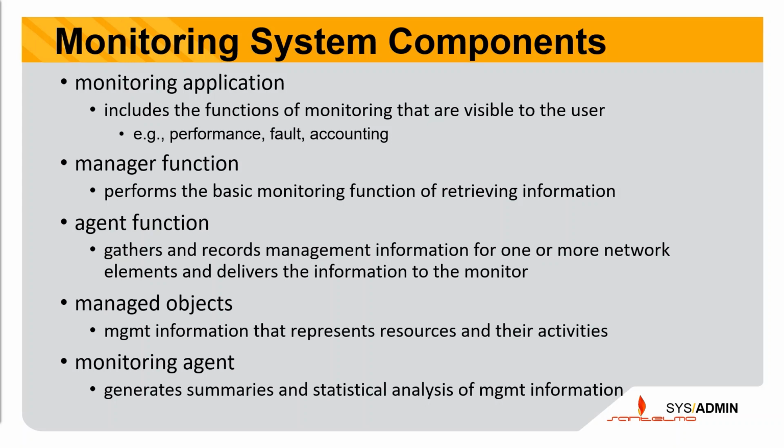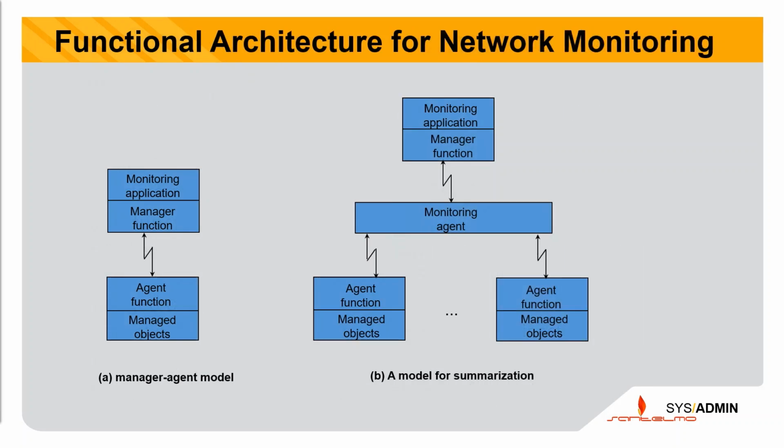All right. Next would be the functional architecture of network monitoring, the manager-agent paradigm or model that we presented in the network management overview. Now let's have some recap here. The manager-agent model is basically the relationship between the manager and the agent.